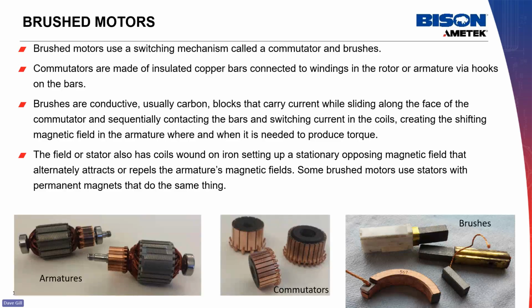First, brush motors. Brush motors use a switching mechanism that is called a commutator and brushes. Commutators are made of insulated copper bars connected to windings in the rotor or armature via hooks on the bars. Here you can see the hooks on the bars of these commutators.